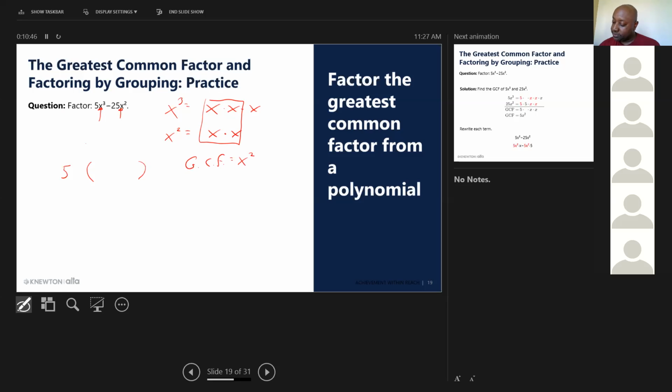Okay, how did I get to x squared? Well, the x to the third. Okay, let's try it this way. x to the third is x to the first power times x to the first power times x to the first power. x squared is x to the first power times x to the first power.